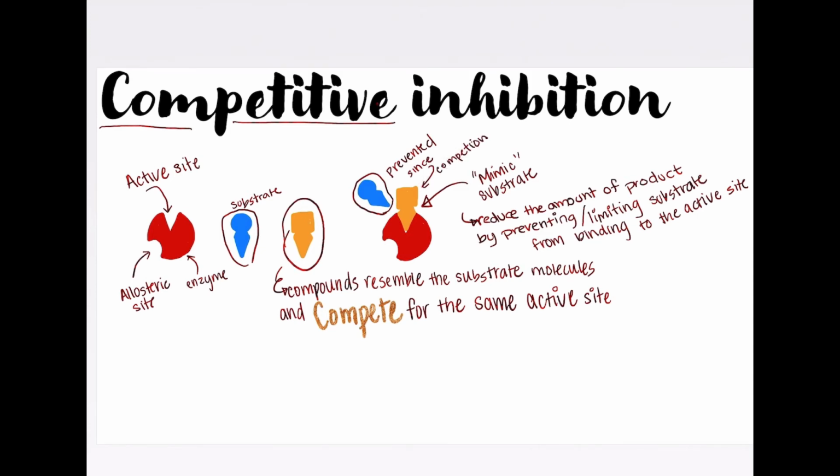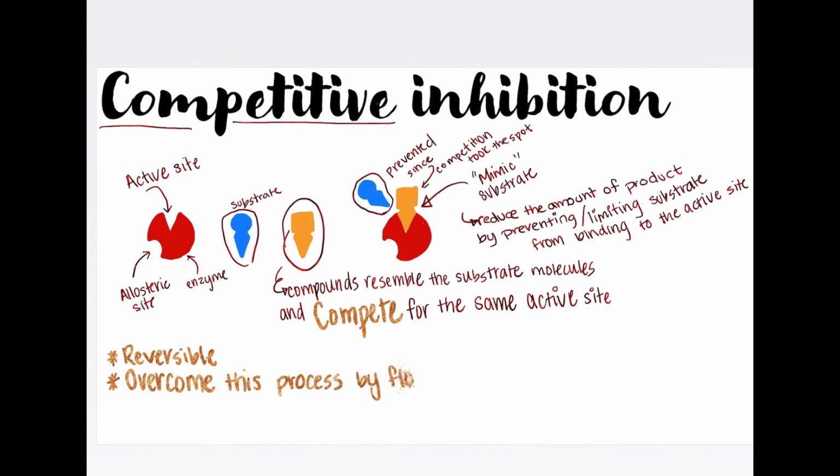All right, so we can actually work around this. The workaround would be the concentration of our substrates that are there. When it comes to competitive inhibition, we do need to know the concentration of our mimicked substrate and our actual substrate. Whichever we have a higher concentration of will be better able to outcompete the other. That means this is a reversible process and we can overcome it by flooding the system with the substrate.